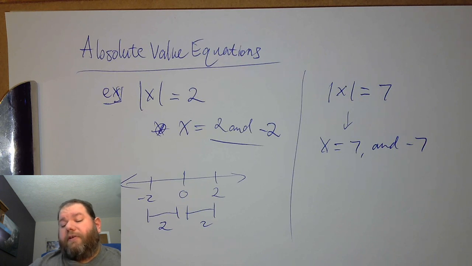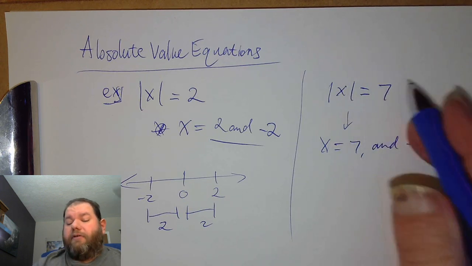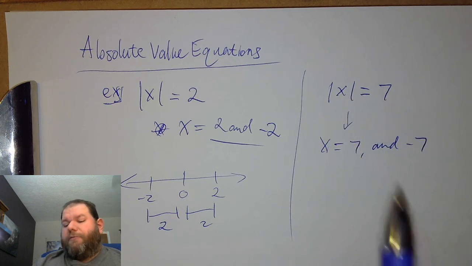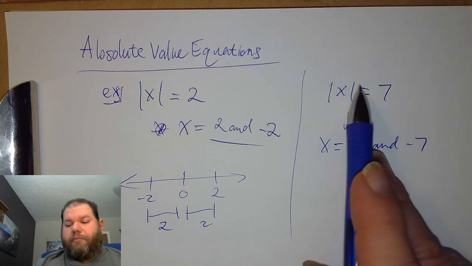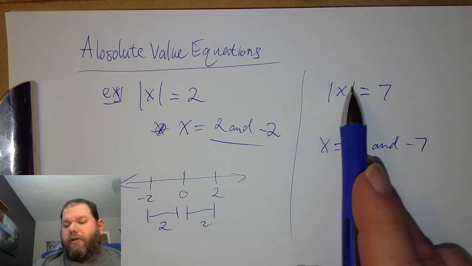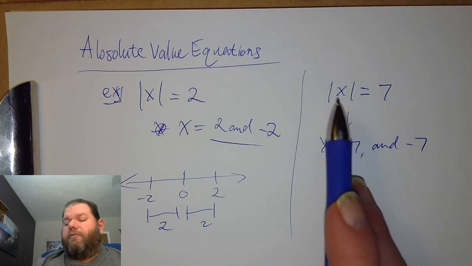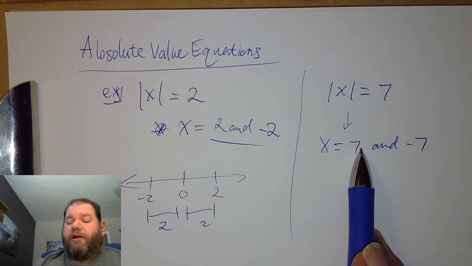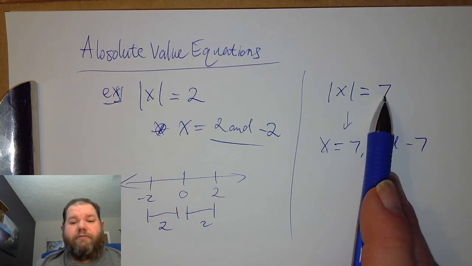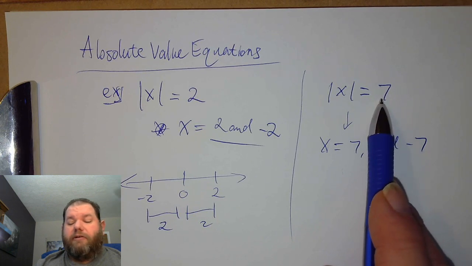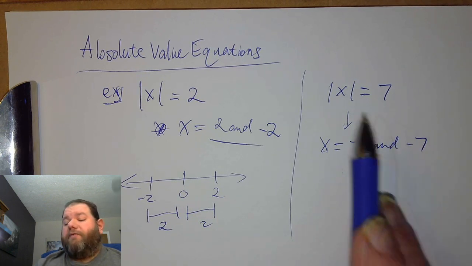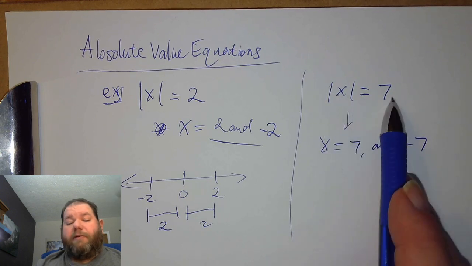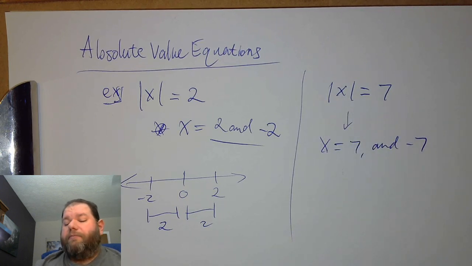Right, because in this case, the absolute value of 7 is 7, and the absolute value of negative 7 is 7. Remember, the absolute value operator, or function, whatever you want to call it, takes a number and makes it positive, if it's not already positive. So if we plug in a positive number, it just leaves it alone. Absolute value of 7 is 7. But if we plug in a negative number, it makes it into a positive. So absolute value of negative 7 becomes positive 7 based on that.